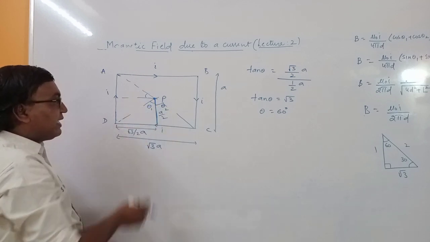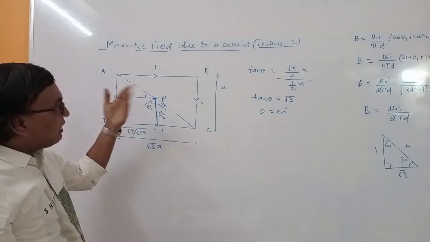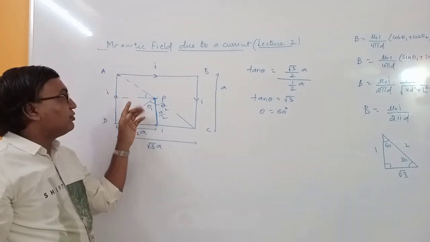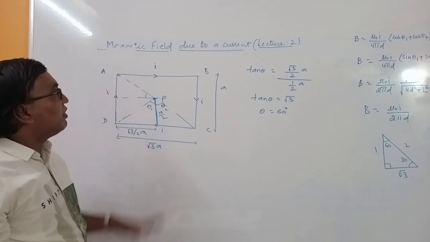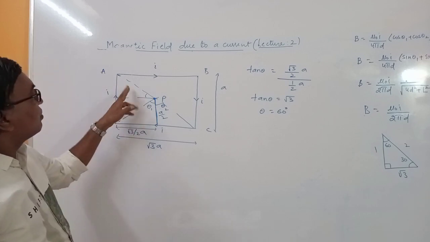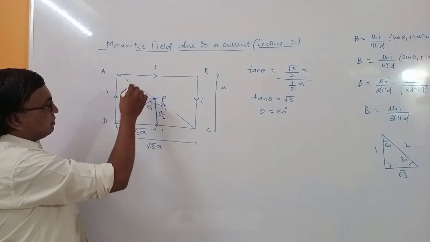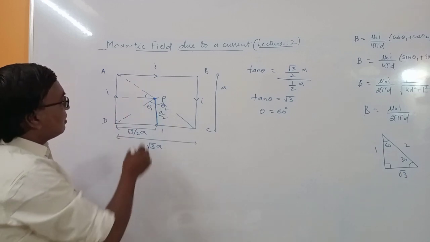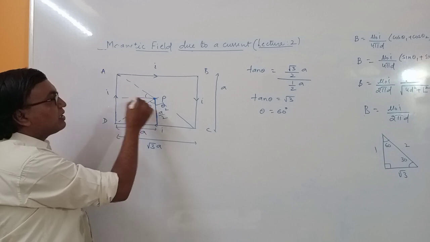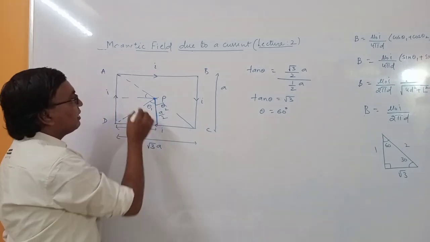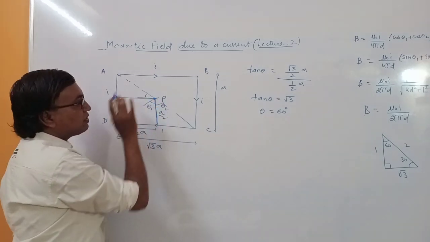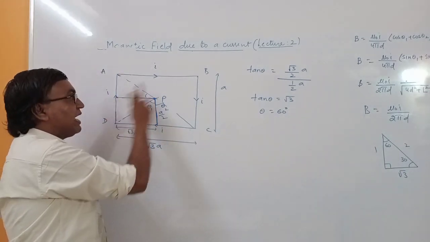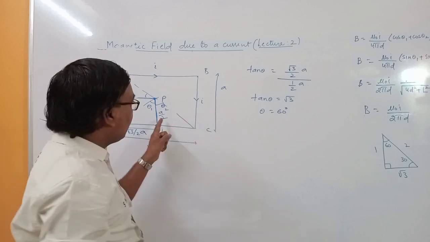First we'll find out magnetic field due to this part. Then we'll find out magnetic field due to this. Because it will confuse. You will get this angle to be 45 degrees, I think, or no, sorry, not 45. So we'll find out this angle. Okay, yes. So if this is 60, this will be 30 degrees. Okay, because this is 90, so this will be 30. We'll find out the magnetic field due to this part later. First we'll find out due to this.